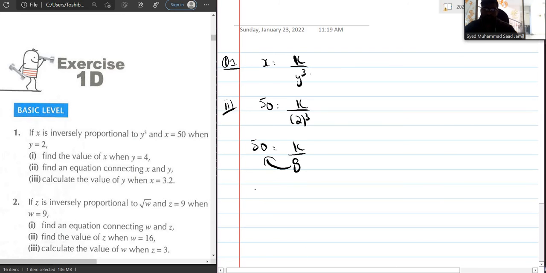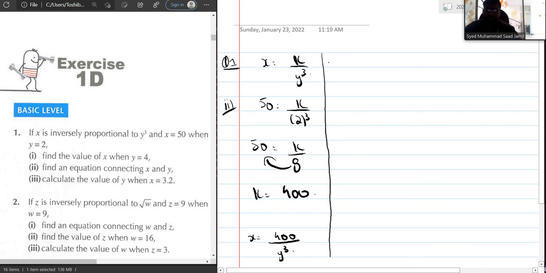8 will be multiplied with 50. k equals 50 multiplied by 8, and 50 multiplied by 8 is 400. So your equation is x equals 400 upon y cube.